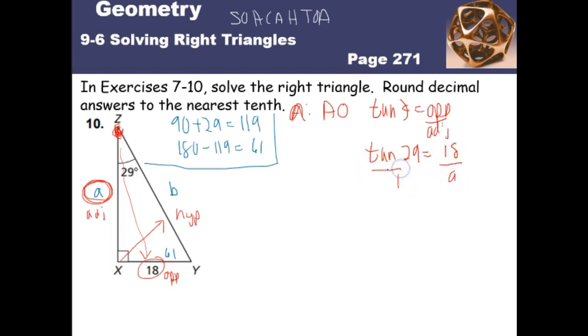A. I'm going to cross multiply, and I get 1 times 18 is 18, and this way I get A tangent 29. Now notice A is not by itself, so I have to divide both sides by tangent 29.